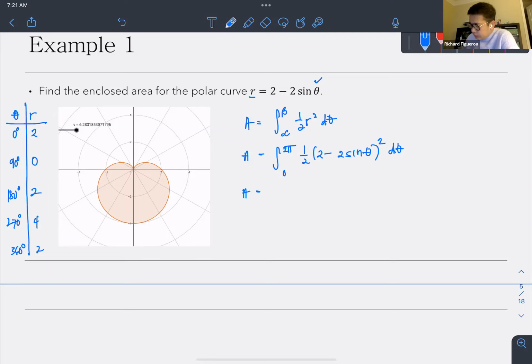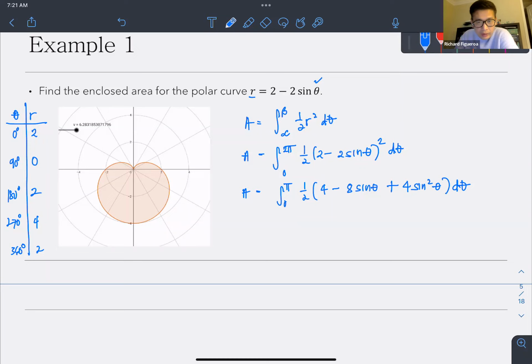Then we simply expand this. 2 squared will be 4, minus 2 times 2 times 2 sine theta, so negative 8 sine theta, and lastly plus 2 squared is 4 sine squared theta, d theta. Then we integrate this.